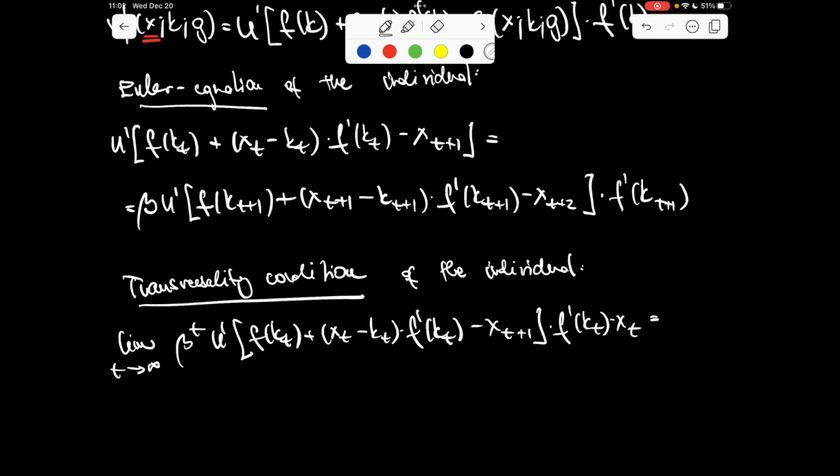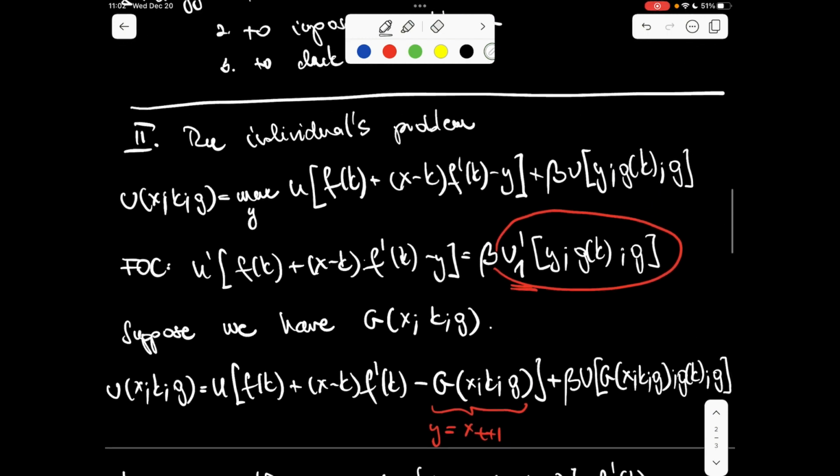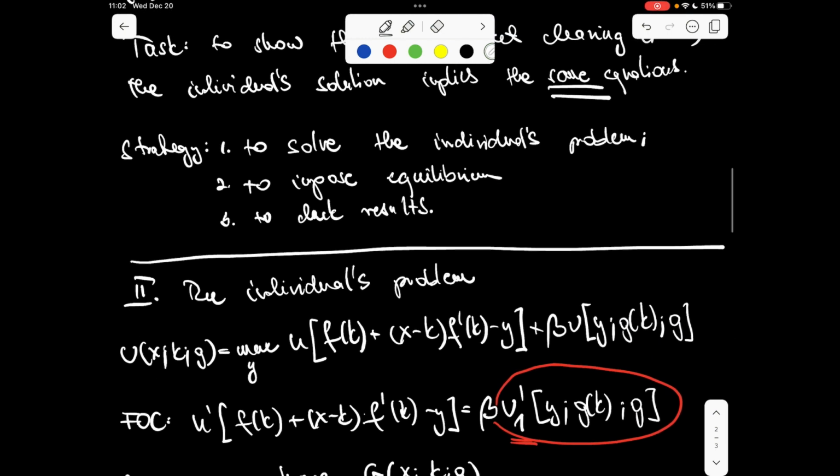Okay, and now just have a look at our strategy. We have solved the individual's problem, so now it's time for us to impose the equilibrium conditions.